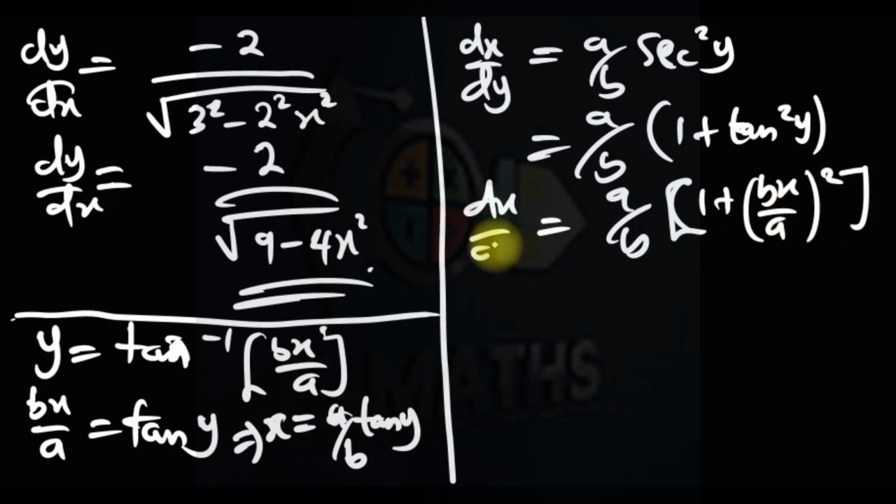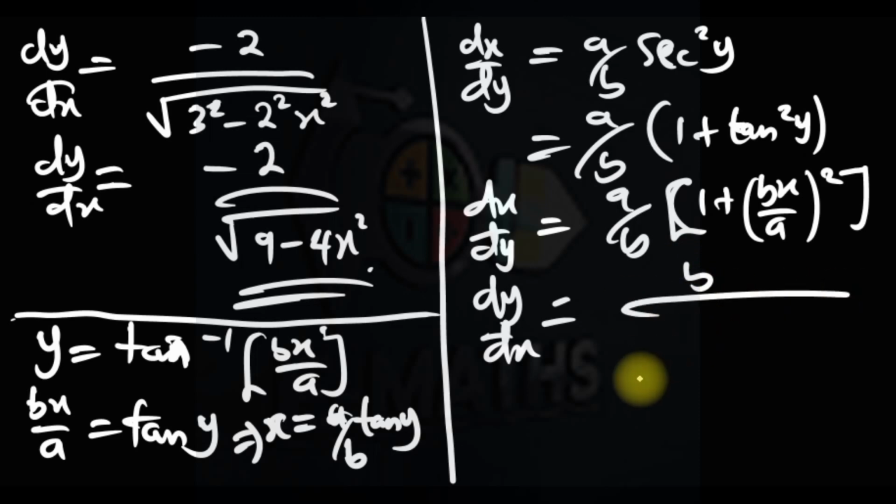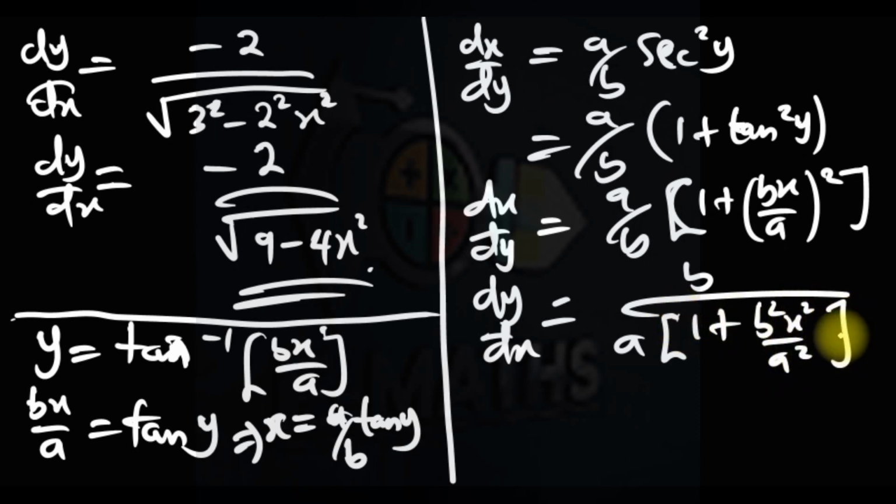Remember, this is just dx over dy, not dy over dx. So if I do dy over dx, I now have b over a times 1 plus b squared x squared over a squared. That's it.